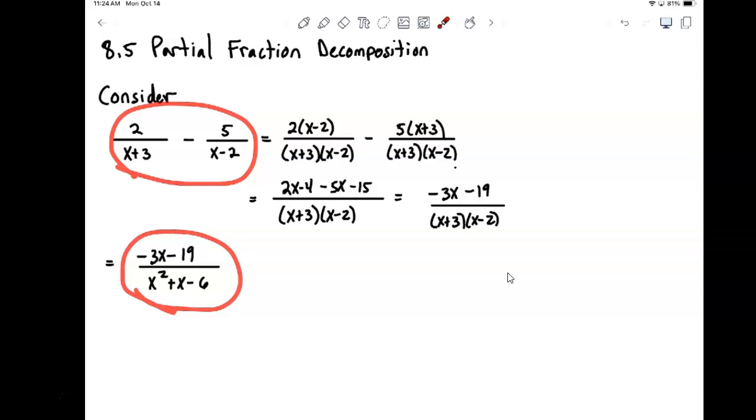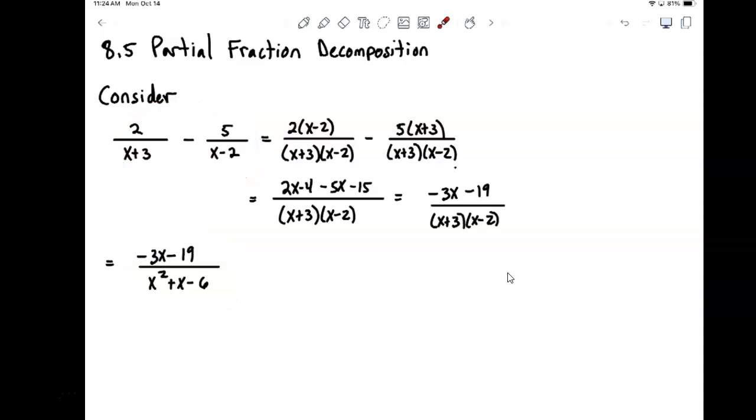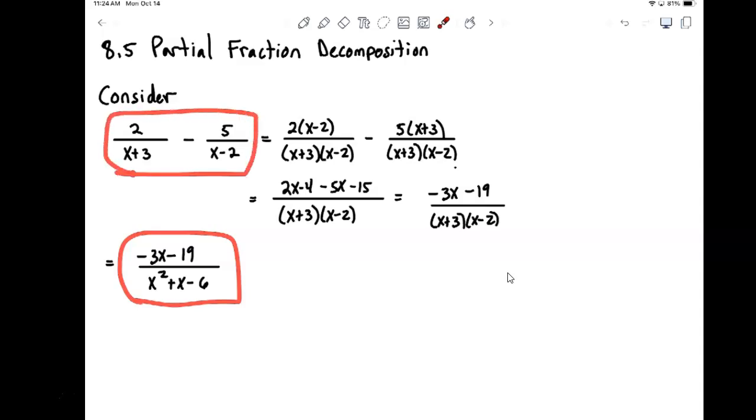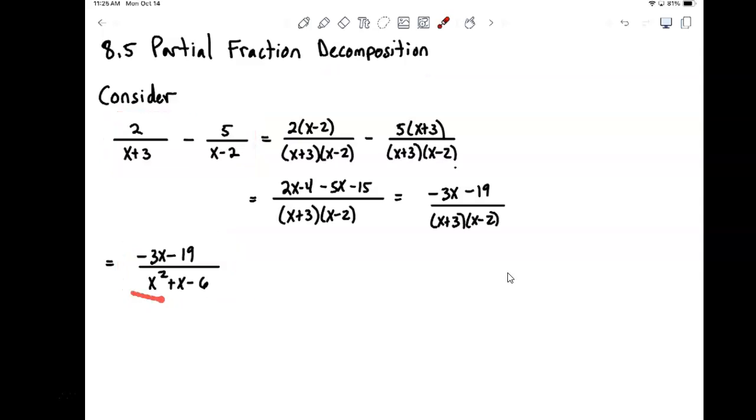Well, we're going to see in a moment why we would want to do that. The process for taking something like this and transforming it back into separate fractions is called decomposition. And so we're going to decompose a fraction like this into its partial fractions.